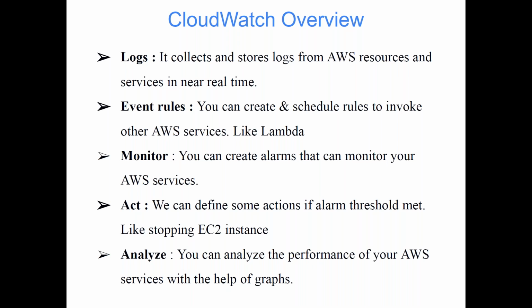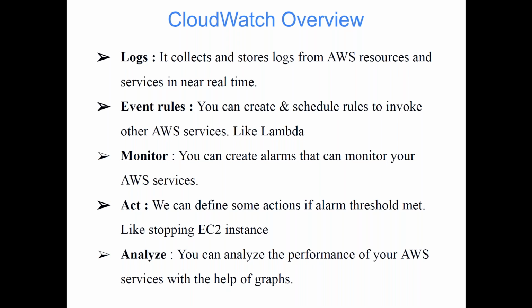There can be many more metrics which you can visualize very easily with graphs. You can see graphs for the last few hours, few days, few months. These graphs are already available, inbuilt on CloudWatch. So these are the 5 major features of CloudWatch which we can use.